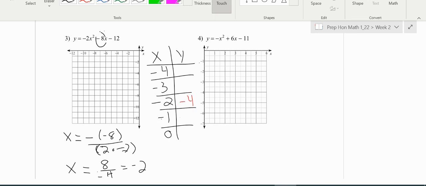At -1, we get a -6, but we also get a -6 at -3, and then a -12. And now we would go ahead and graph that out. So -2, -4. We have here a -1, -6, a 0, -12, and then the same points repeat on the other side.